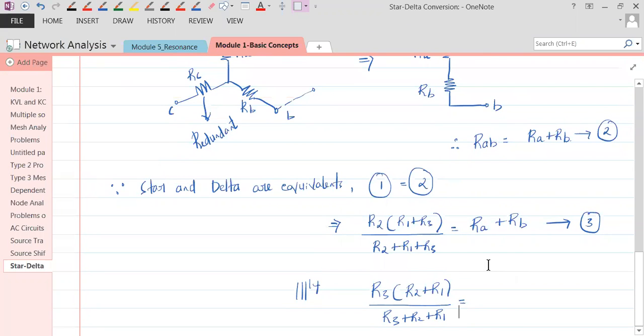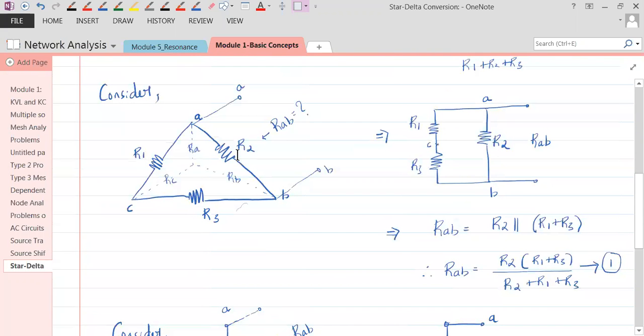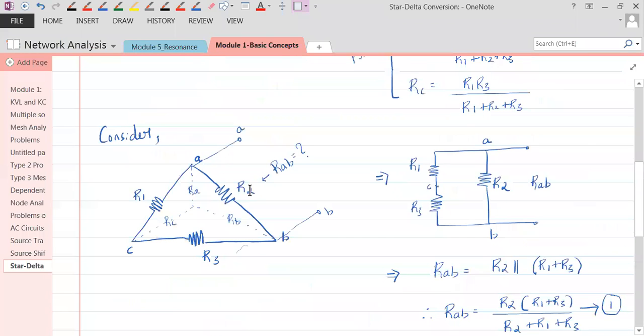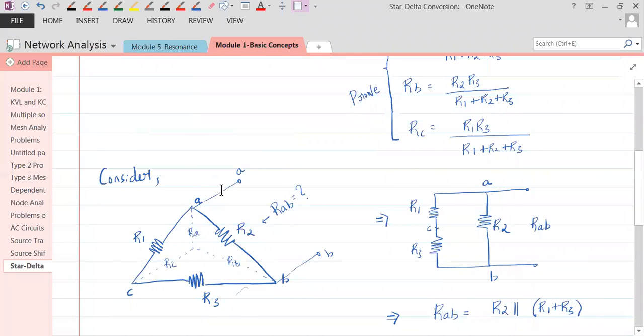So if you want to just see that, R2 is outside, right? R2 into R1 plus R3 is equal to what? RA plus RB. R2 into R1 plus R3 is RA plus RB.